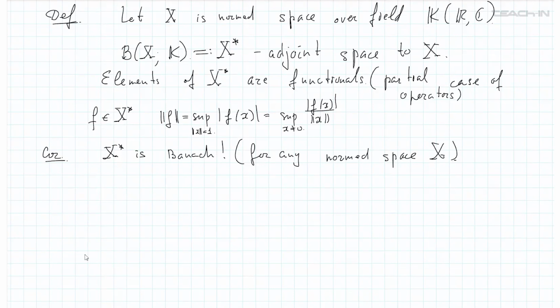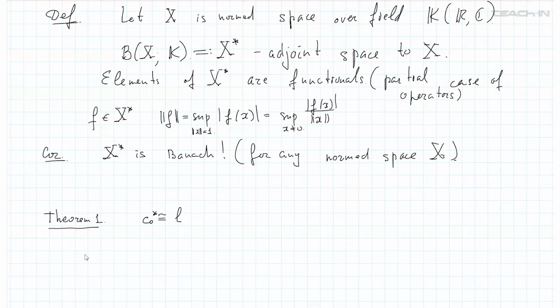So theorem 1. The adjoint space c_0 star is isometrically isomorphic to l1.